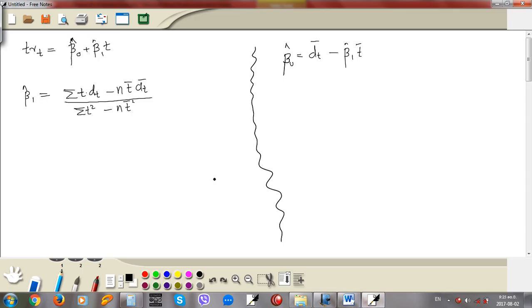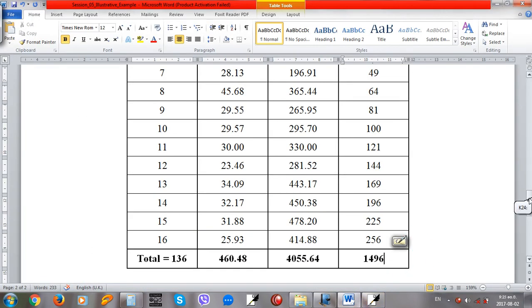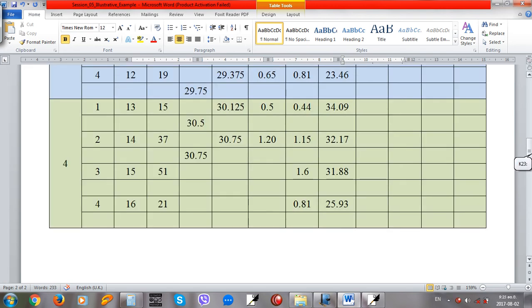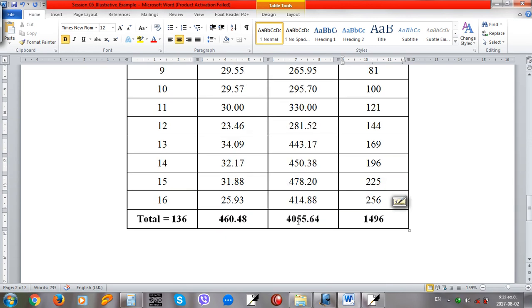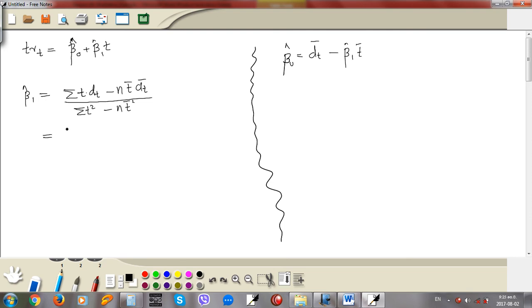Right, now we can substitute to find sigma t times dt. Sigma t times dt means this one, 4055.64. So we can write 4055.64 here, minus n, the number of entries.